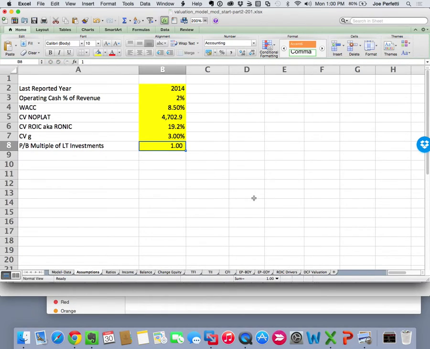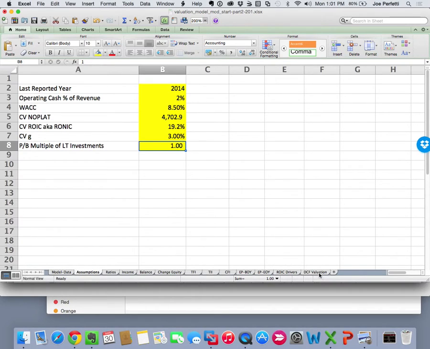If I use a price to book multiple of 1, it means the long-term investment's market value equals the book value. But let's say a company invested in something that's worth a lot more. I just make the price to book multiple more representative. Could be 5, could be 6, or if it's worth less, could be 0.8. Basically, it's a way of adjusting the accounting value to a more realistic market value.